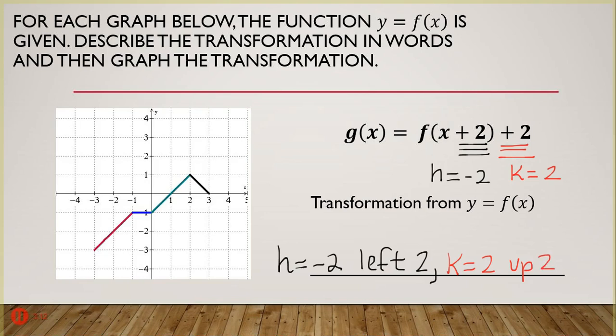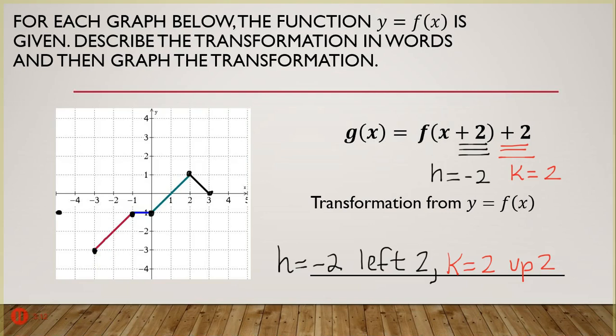So I'm going to create some points just to make it easier to transform. And I'm going to take these 5 points, move them all to the left 2 and up 2, and then redraw. So starting here, I move this point to the left 2 and up 2. I am right there.